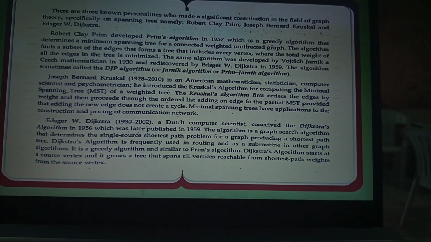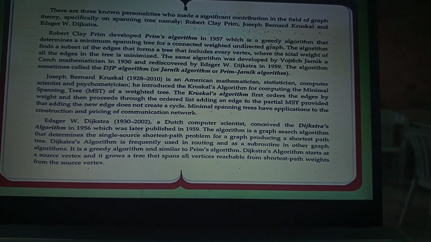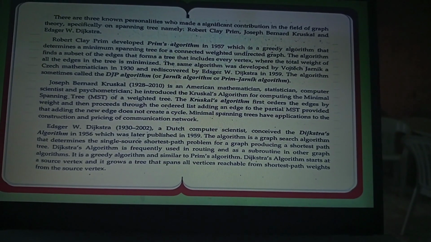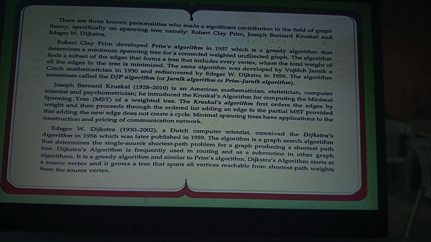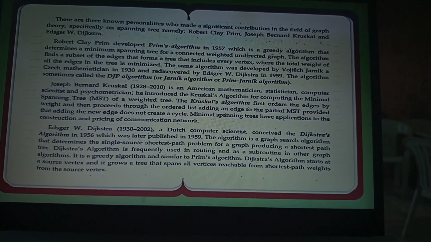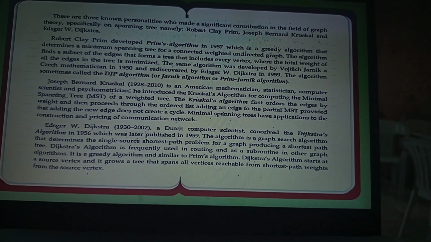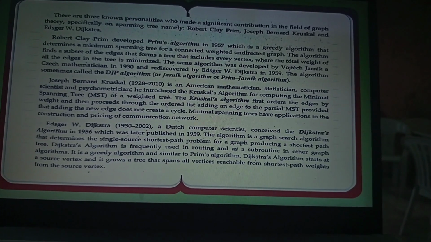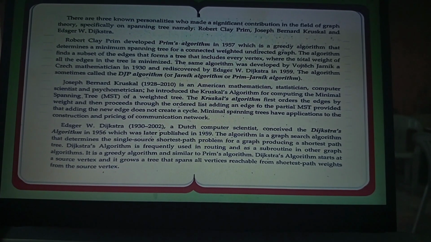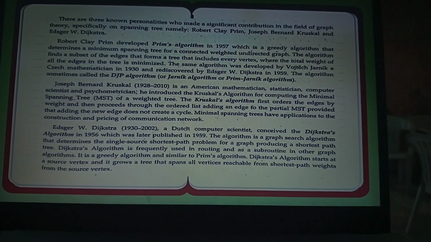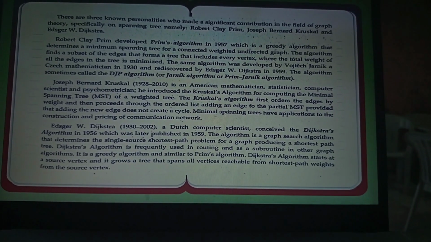Dijkstra's algorithm is frequently used in routing and as a subroutine in other graph algorithms. It is a greedy algorithm and similar to Prim's algorithm. Dijkstra's algorithm starts at a source vertex and grows a tree that spans all vertices reachable from the source by shortest path weights.